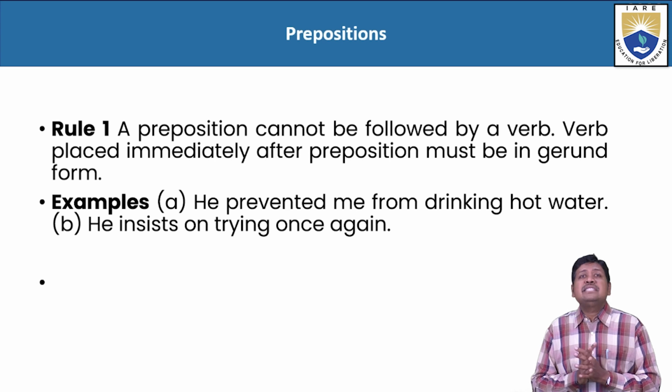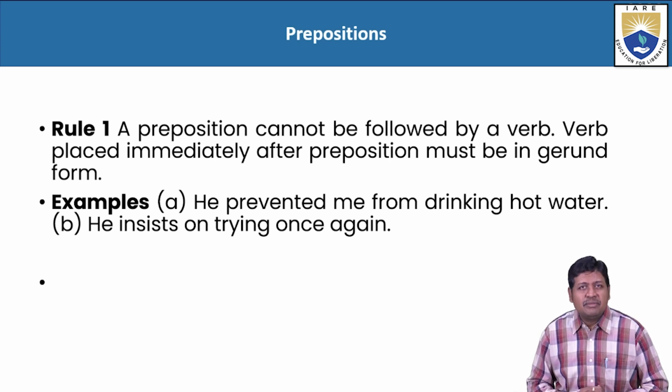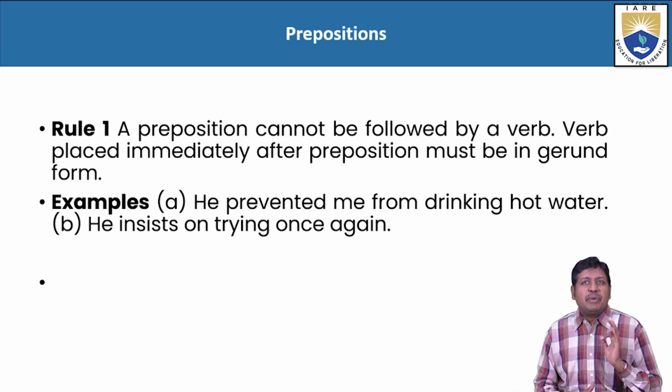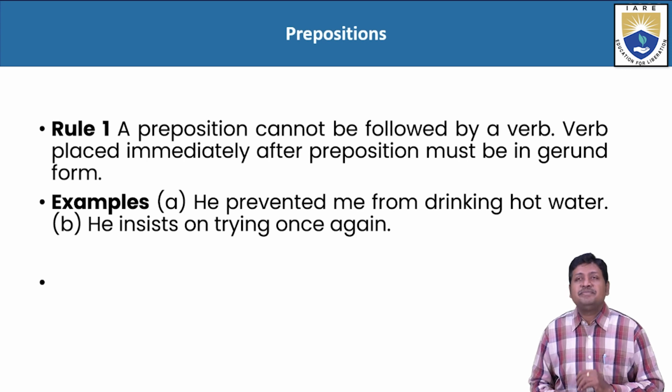Now let's go ahead and see some of the rules of usage of these prepositions. A preposition cannot be followed by a verb. Verb placed immediately after preposition must be in gerund form. What is that? He prevented me from drinking hot water. He insists on trying once again.